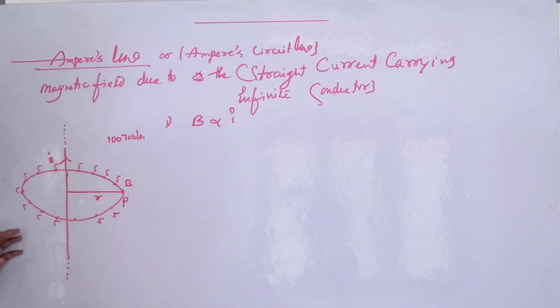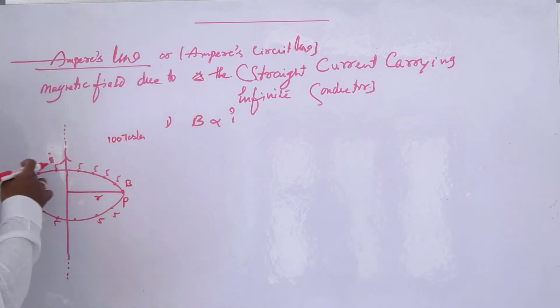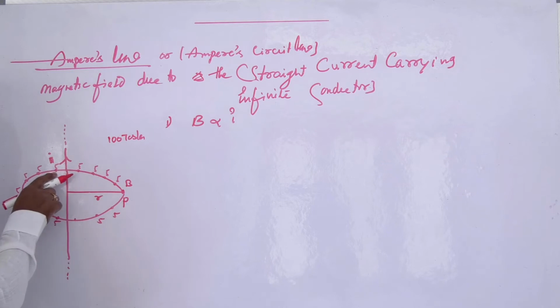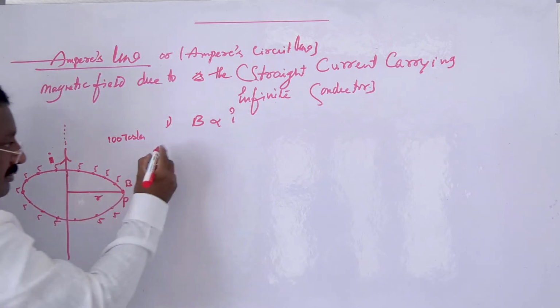So what do you understand? Due to this electric current, a magnetic field of 100 is produced. How is this magnetic field distributed? In the form of a closed circuit.